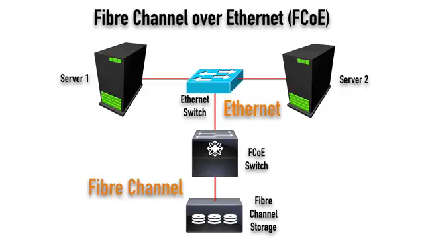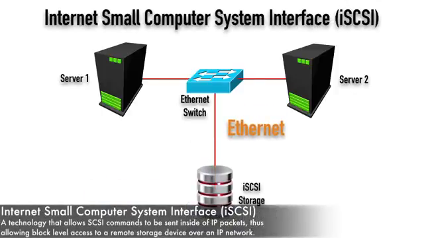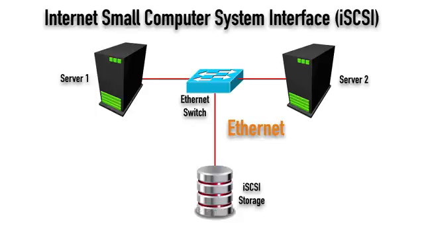You typically see Fibre Channel over Ethernet in large enterprise deployments, but for small to medium-sized deployments, you might instead see something called iSCSI, which is Internet Small Computer System Interface. With iSCSI, there is no Fibre Channel. Here, server 1, server 2, they're connected into an Ethernet switch, and so is an iSCSI storage device.